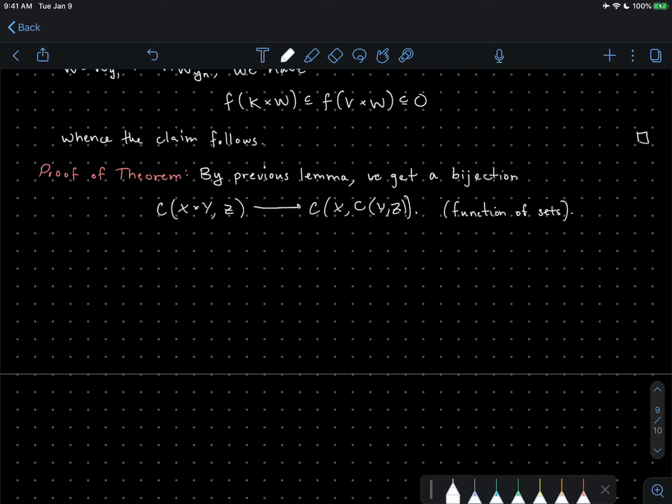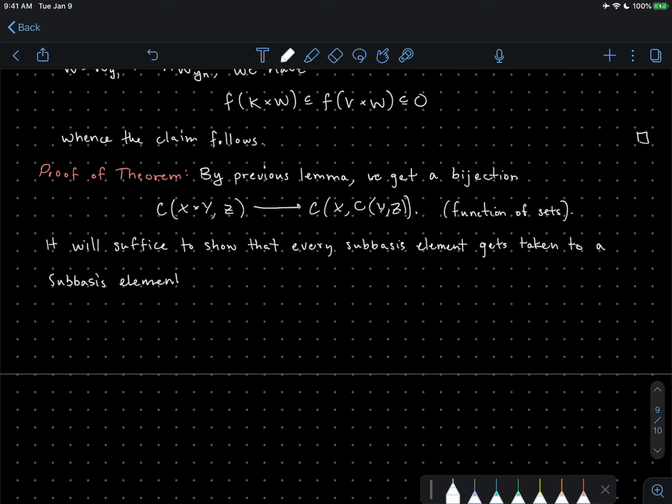So we need to show that this is continuous, and it will suffice to show that every subbasis element gets taken to a subbasis element, and the same with the inverse of that map.